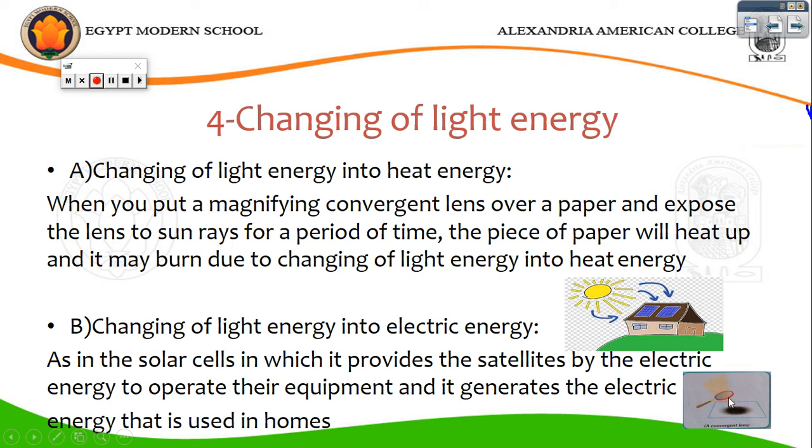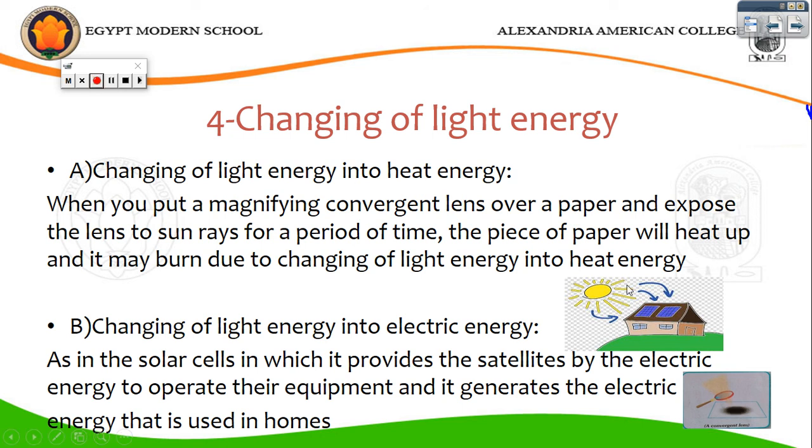So when you put this magnifying convergent lens over a paper and expose the lens to sun rays for a period of time, the piece of paper will heat up, and it may burn, due to changing of light energy into heat energy.